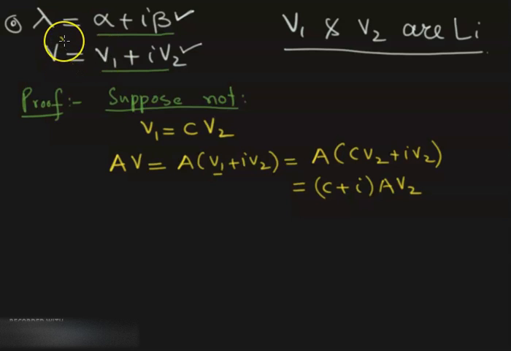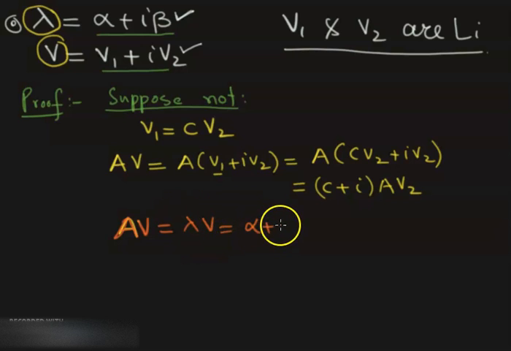Similarly, because this v is an eigenvector for this eigenvalue, Av can also be written as lambda times v, but lambda is nothing but alpha plus iota beta, times (v1 plus I v2).